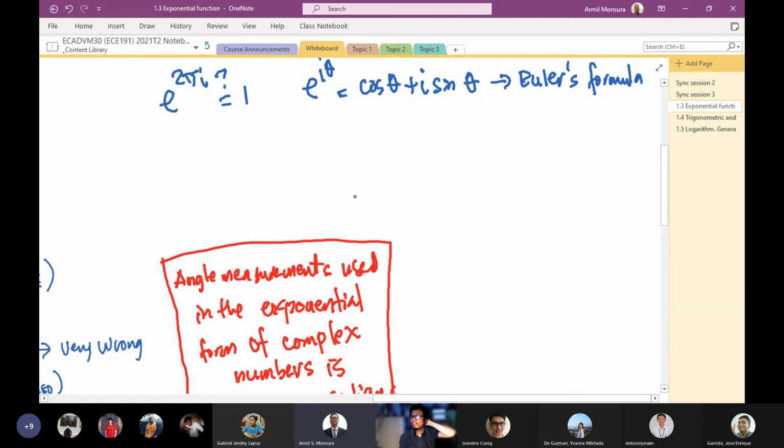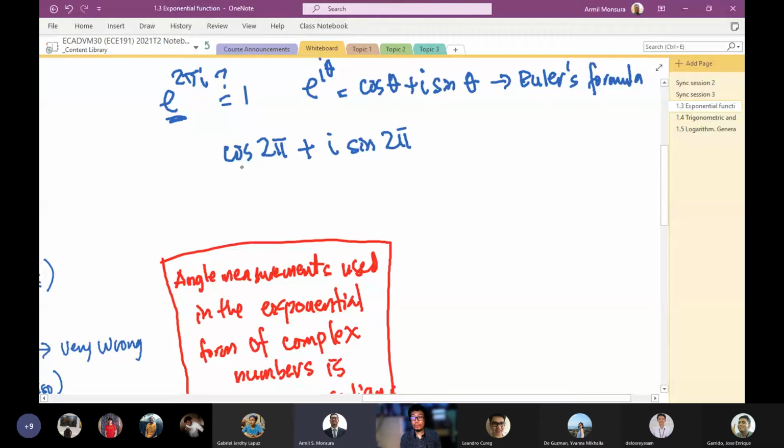Now, applying this formula to the left side of this equation should give us cosine of 2 pi plus i sine of 2 pi. Ano yung value ng cosine of 2 pi? Again, this is 2 pi, wala siyang unit, so it means this should be in radians. So, pag ginamitan nyo ng calculator, make sure that your calculator is in radian mode, so that it would read 2 pi as radians.